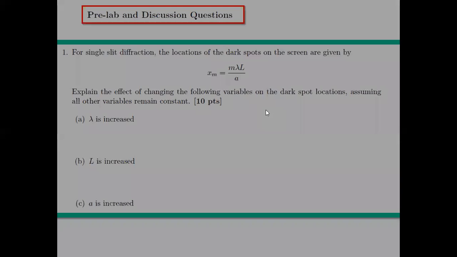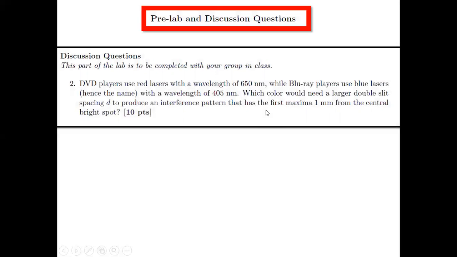Then in the second pre-lab question, it's going to use two different wavelengths of light: a red laser with a wavelength of 650 nanometers and a blue laser with a wavelength of 405 nanometers. Here you don't need to do any calculations. Conceptually analyze this problem, right?